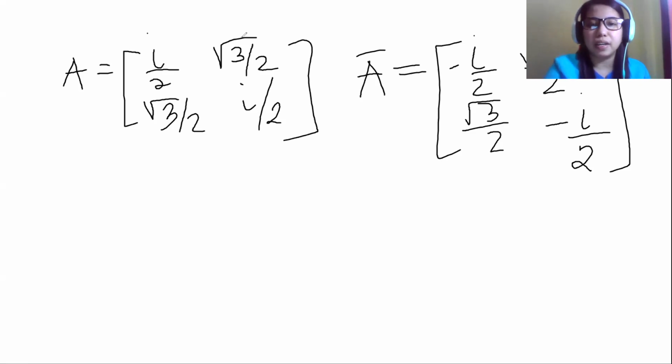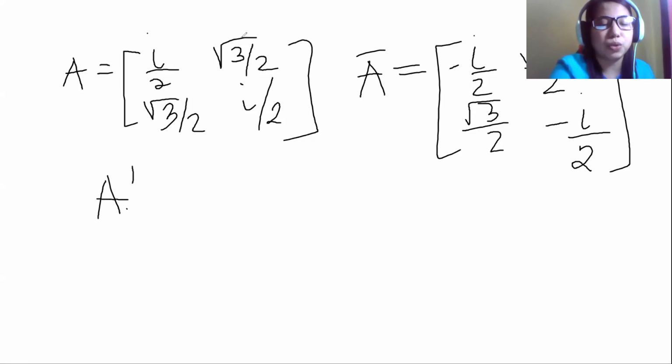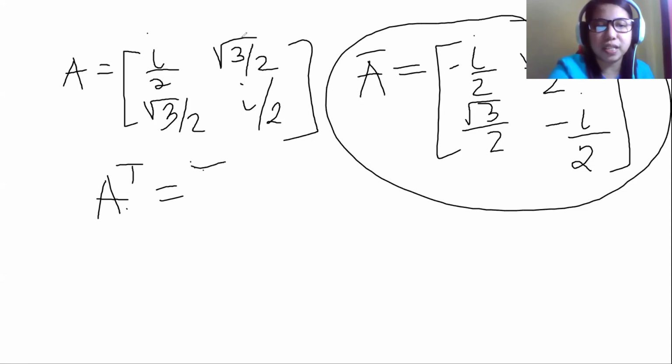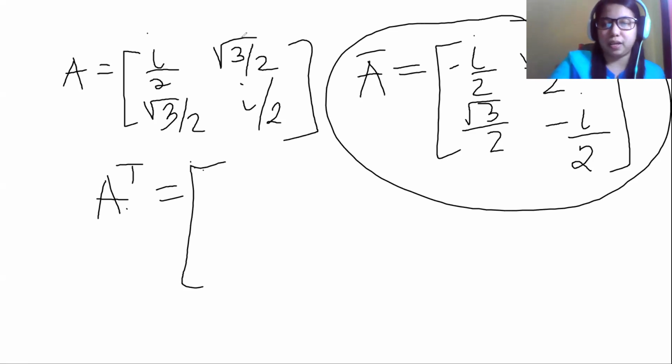So we have the conjugate, and now let us get the transpose. So the transpose of this is equal to, we will just interchange the position of the rows and the columns.